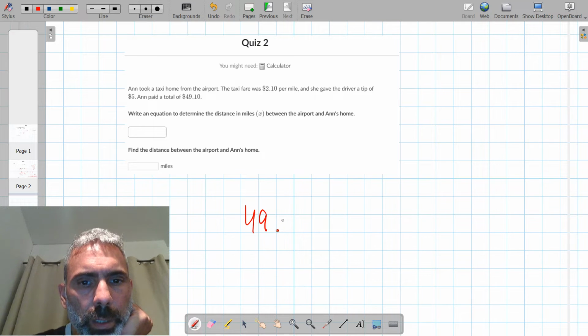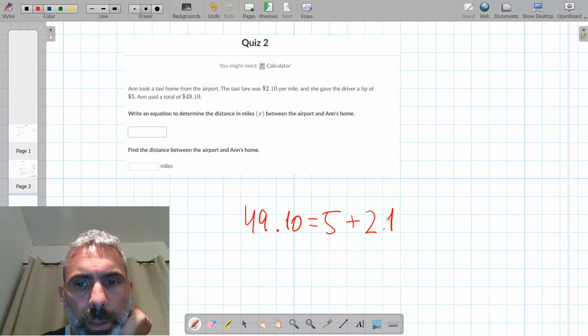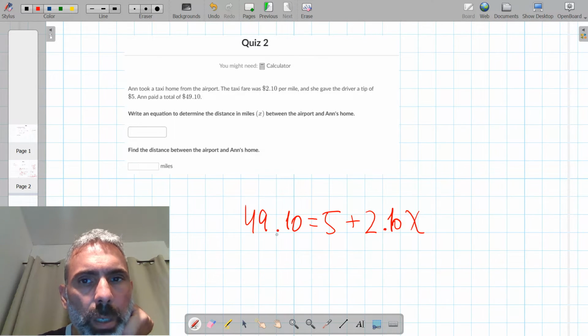So $49.10 equals the $5 tip plus $2.10 per mile, and we don't know the number of miles, so this is the unknown. So $2.10 times the unknown number of miles plus the $5 tip, and this is the total amount that she paid him, $49.10. Okay.